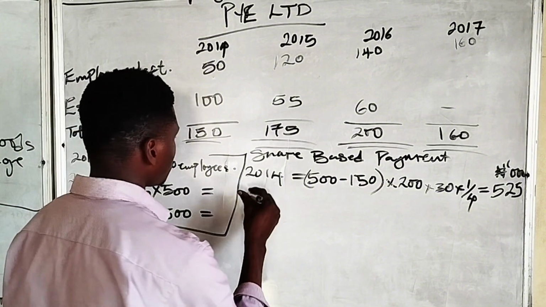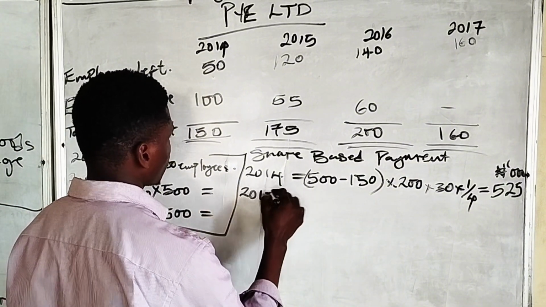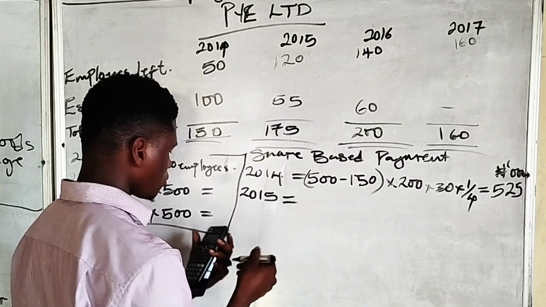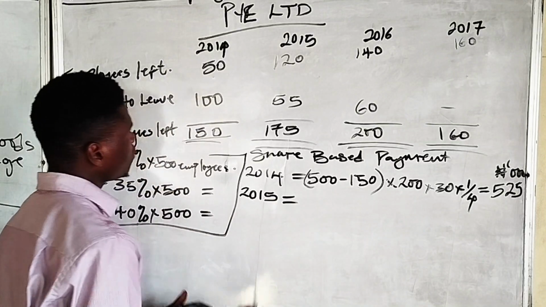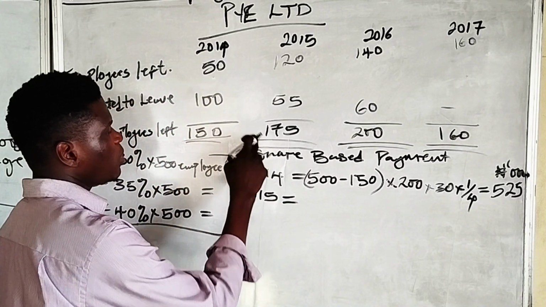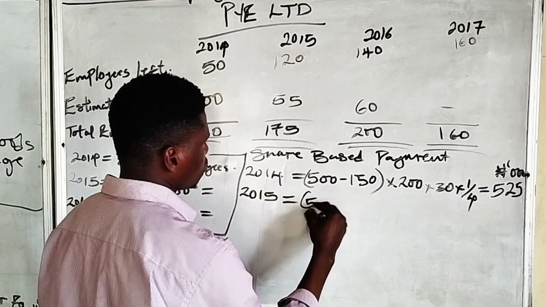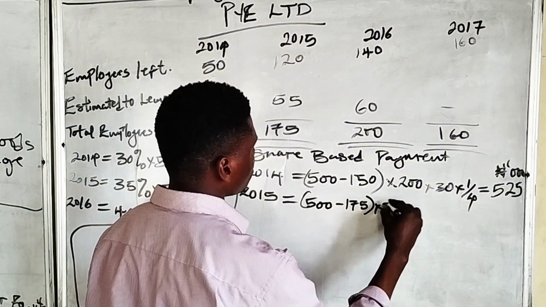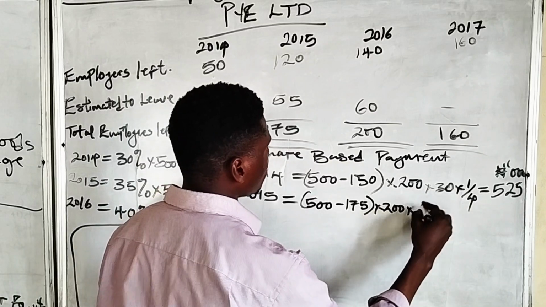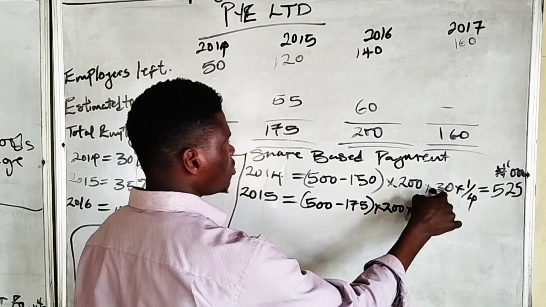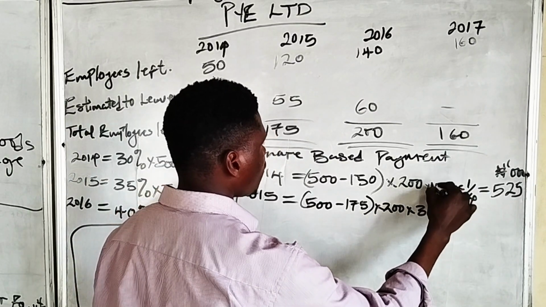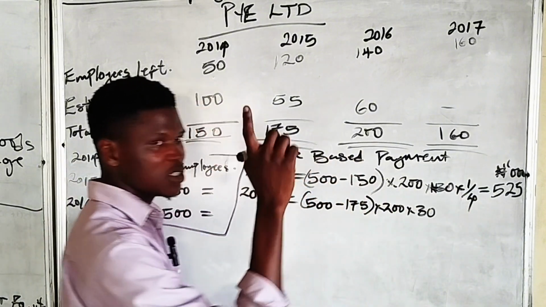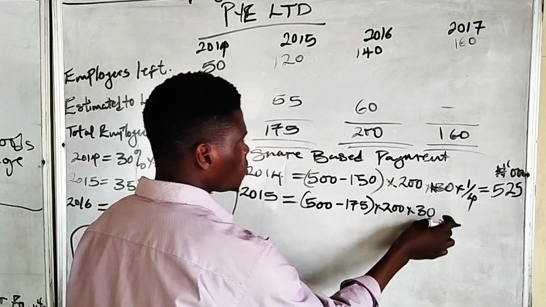So for 2015, we said 175 people left out of 500. 175 multiplied by 200 multiplied by, we said this grant value is the fair value of the shares at the grant date. It does not change, so it is still 30.